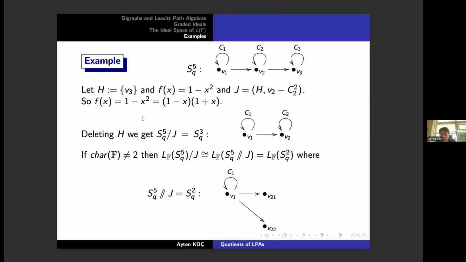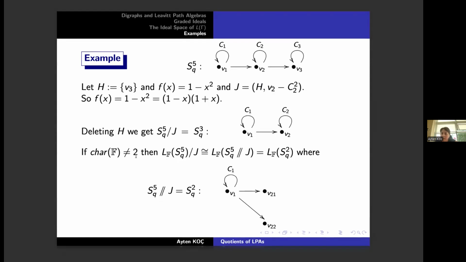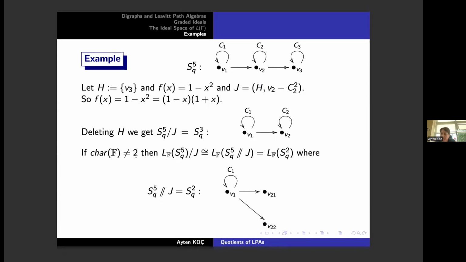That means you make V2 equal to C2. So in that case, do you get a Leavitt path algebra when you further do that? Yes. Okay. So the difference is that you get some nilpotent extension of a Leavitt path algebra. Okay, thanks.